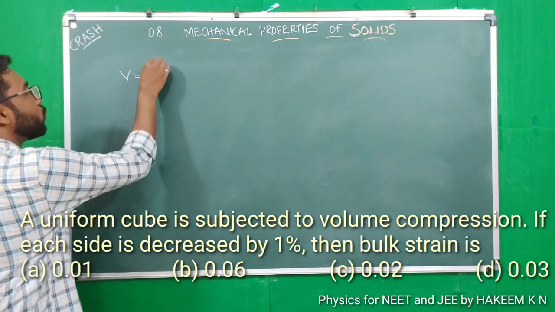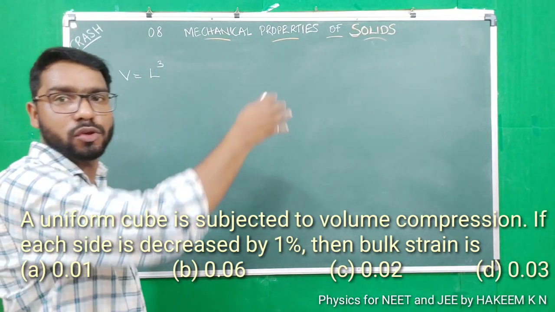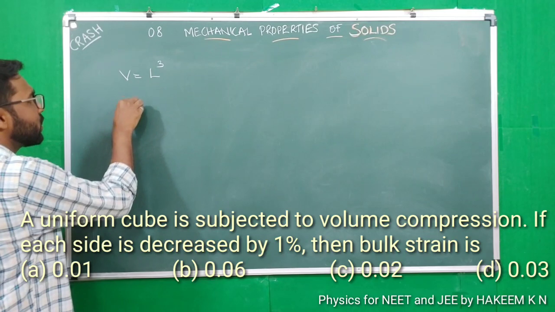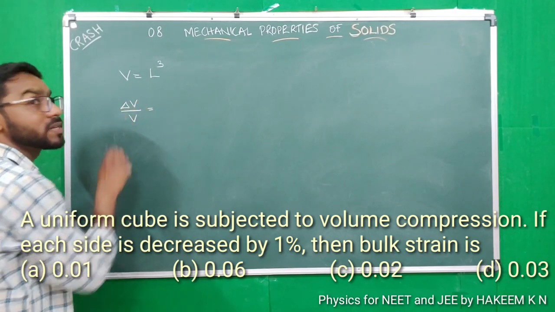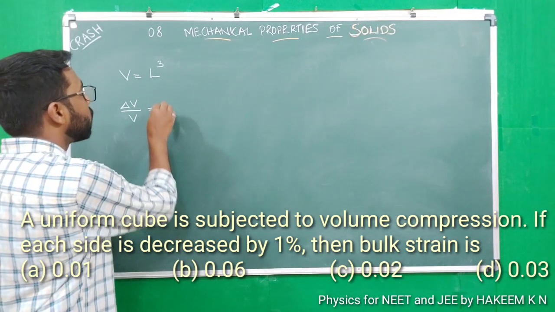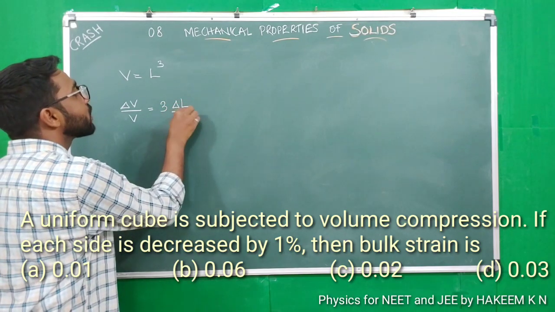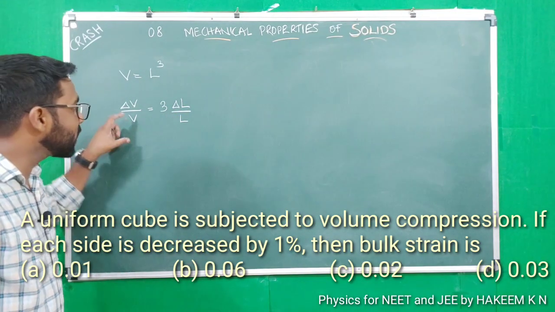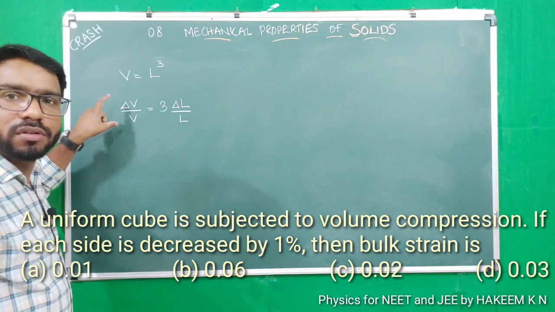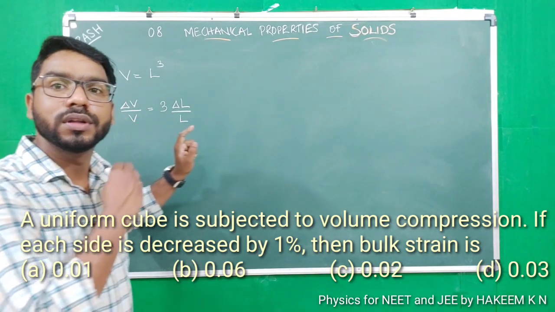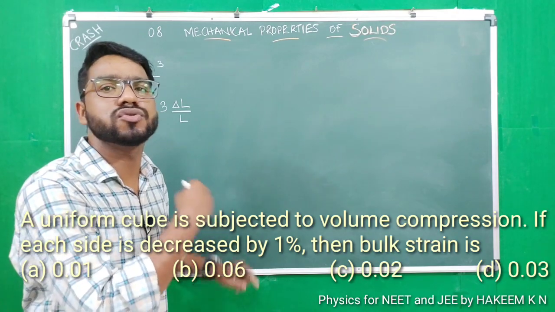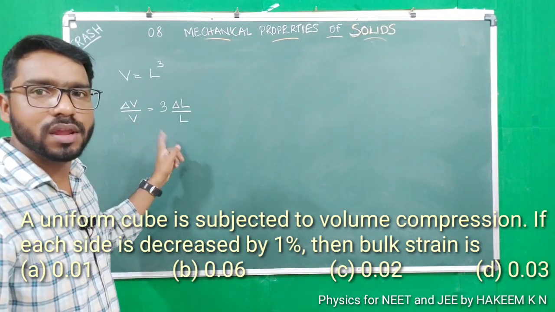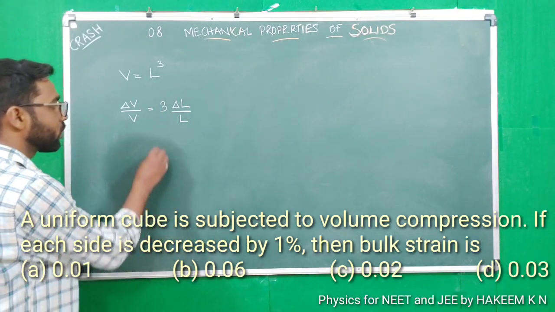For a cube, volume equal to side cube, L cube. So percentage change in volume equal to 3 into change in length by original length. From here we can say volume strain of a cube is equal to 3 into linear strain.